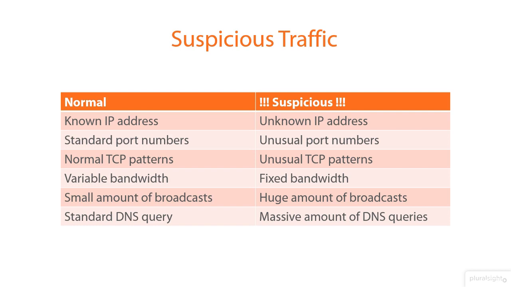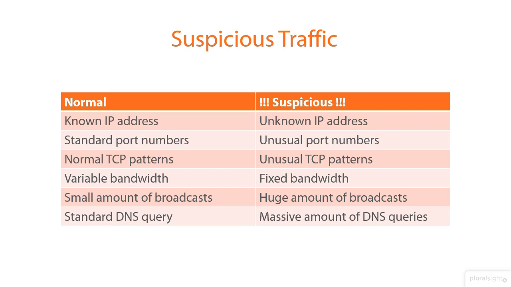Normal traffic includes standard port numbers like 80 for HTTP, 21 for FTP, 25 for mail, and so on and so forth. Be sure of the applications that run over the network and verify that these are the only port numbers that you see.